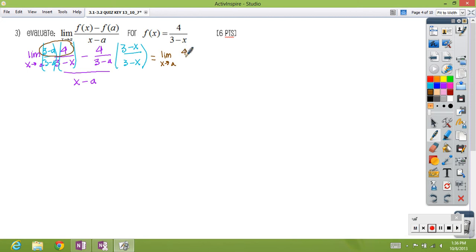So I'm going to write the 4 in front, and then the 3 minus a, and then the minus sign, and then this guy, 4 times 3 minus x, all over the common denominator, which is 3 minus a and 3 minus x. Alright, don't forget about that x minus a, so I'm going to multiply by 1 over x minus a.